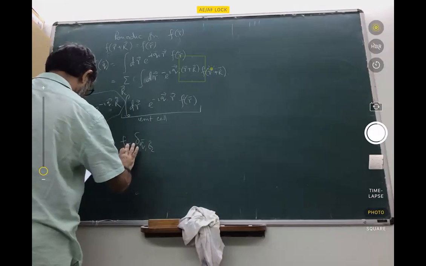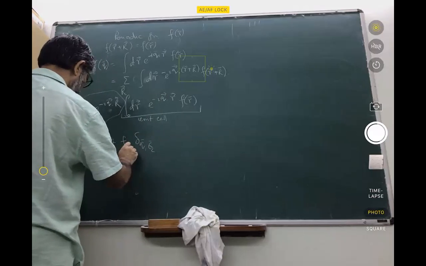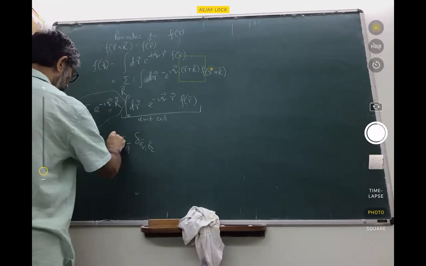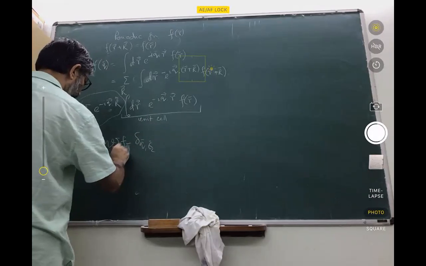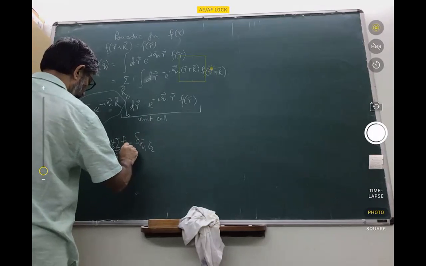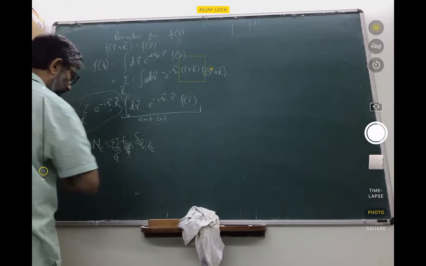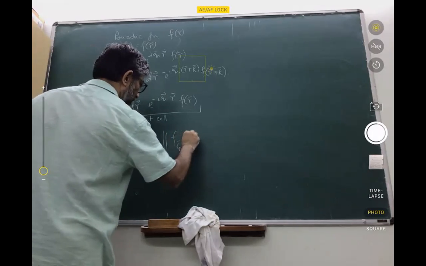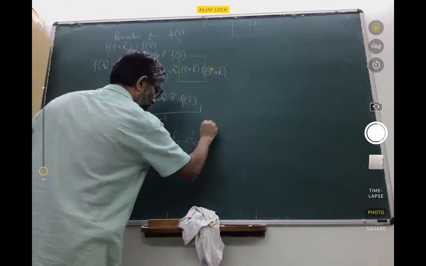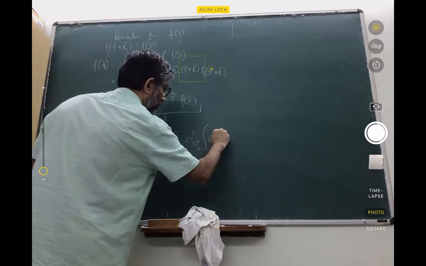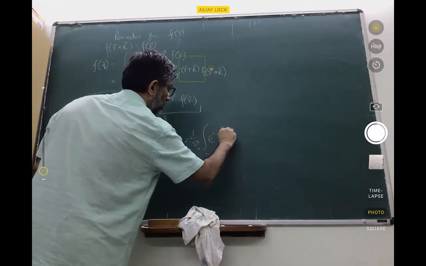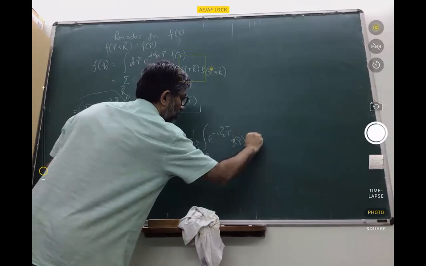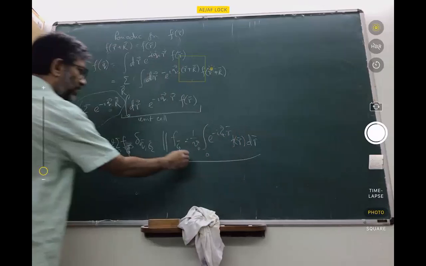Or I can write this as a sum over G of f of G delta q,G, where f of G is my definition.